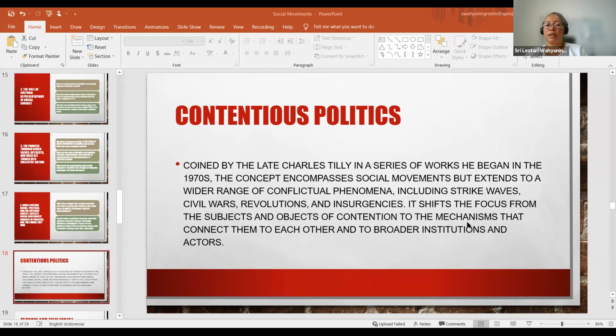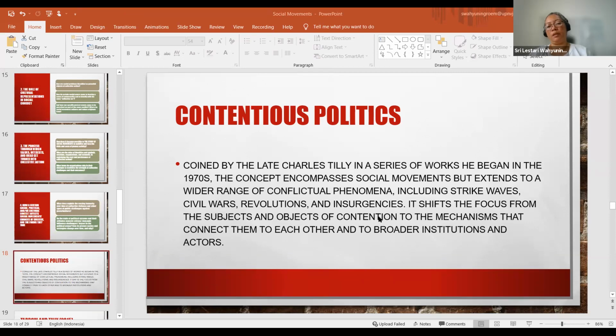Okay, so next I'd like to hear from Husada. Husada, how do you translate contentious politics, Husada? In my opinion, contentious politik in bahasa is politik pertikaian atau politik kontroversial.